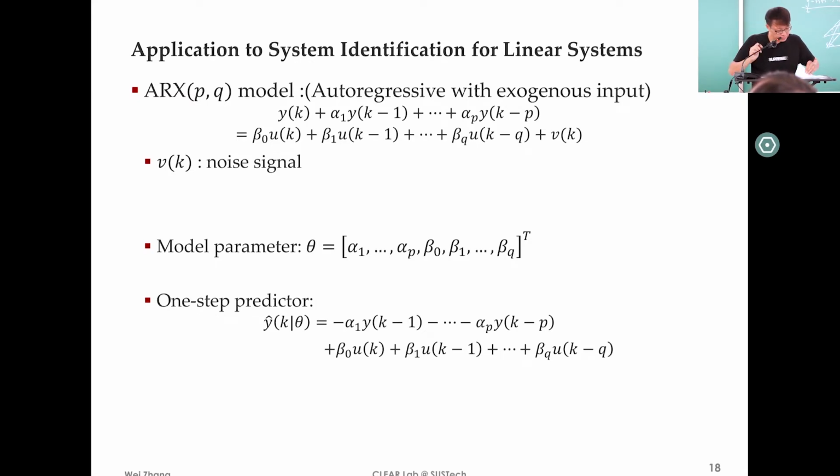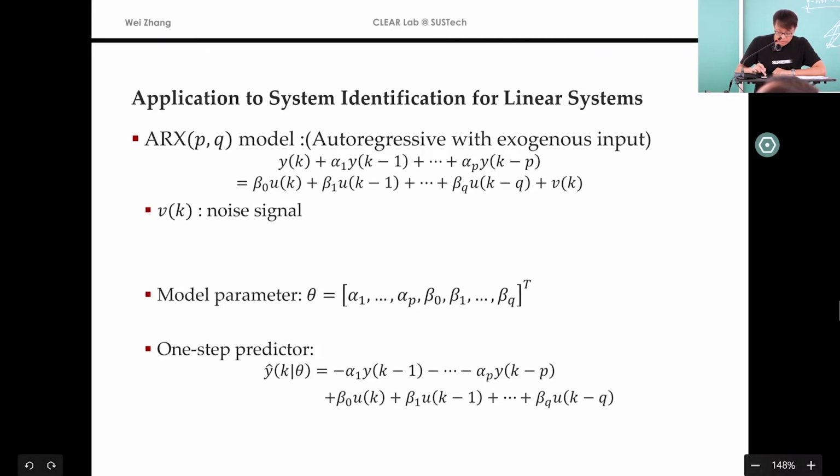Anyway, these kinds of autoregressive models are very common in data analysis. That's also a common way to write down a linear difference equation. So this is nothing but a linear equation. Let's assume we have an ARX model, autoregressive with exogenous input.